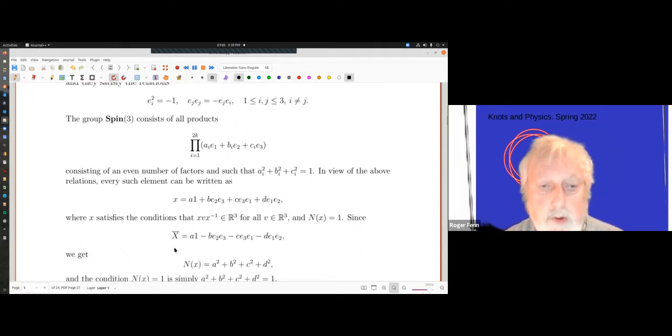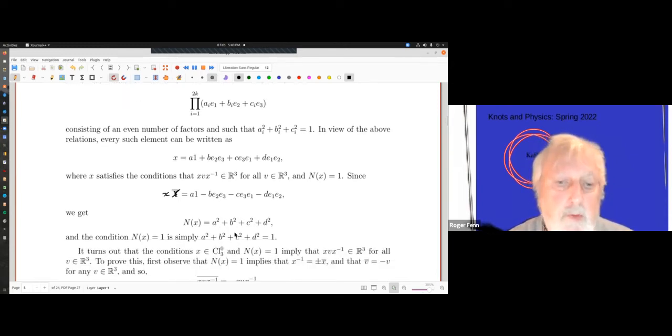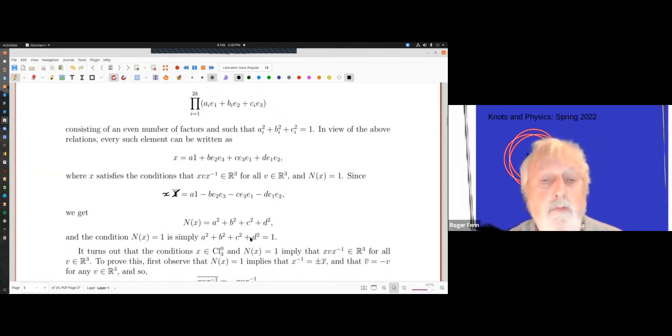And this works, okay? We take the conjugate of X, which of course now he's got a capital X instead of a small x. So we are finding lots of misprints, and we get the norm of X is, well, we've done this already, basically. So that lies on this 3-sphere.